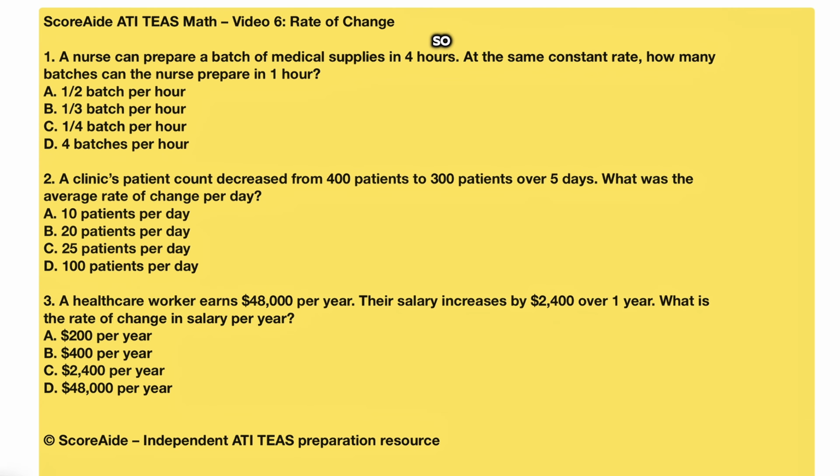Right? So you see that the rate here is equal to the number of batches, which is the quantity, all over change in time, right? All over time. The number of batches that they are giving us is one batch.